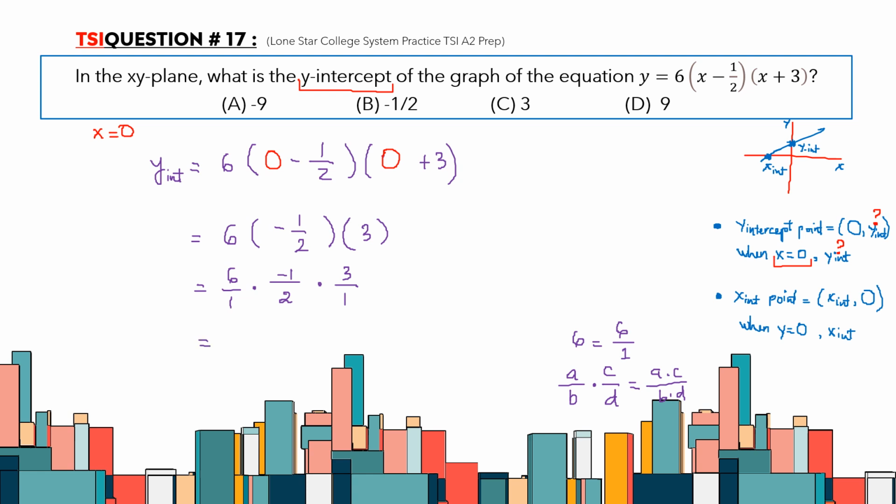Top to top, 6 times negative 1 is negative 6, and 1 times 2 is 2. Now negative 6 times 3 is negative 18 over 2, and that gives you negative 9.